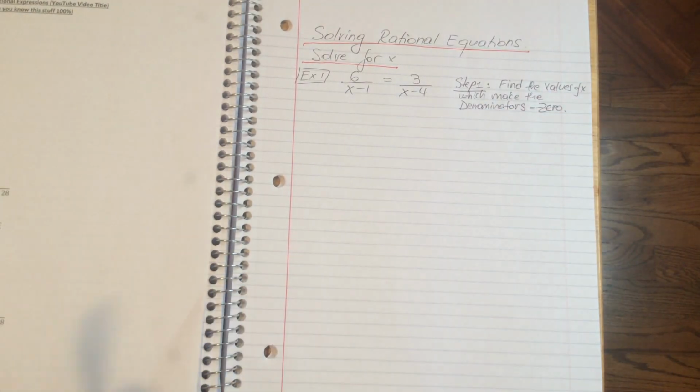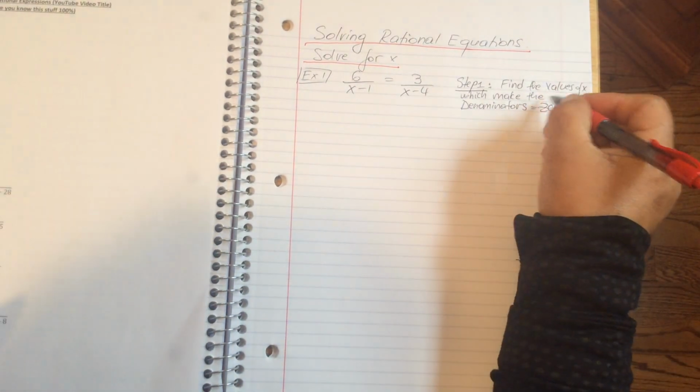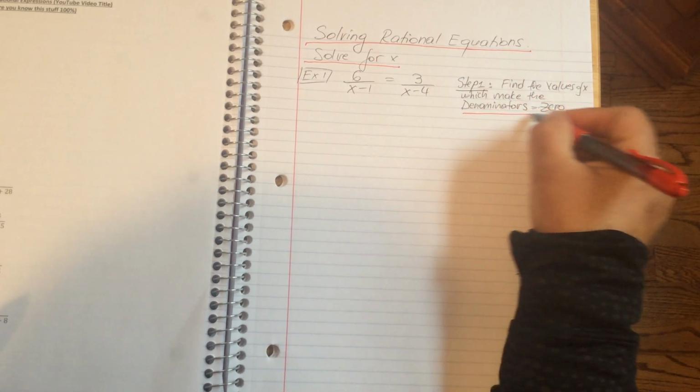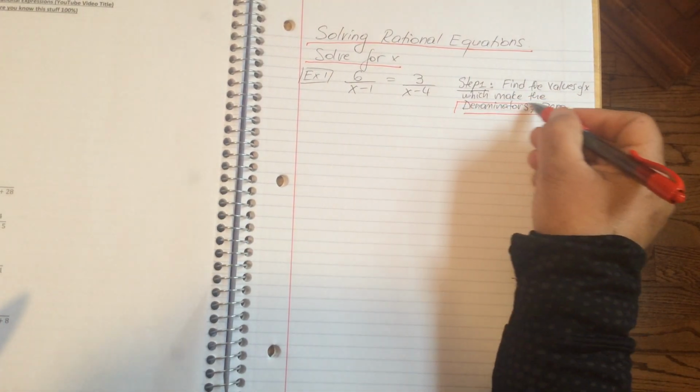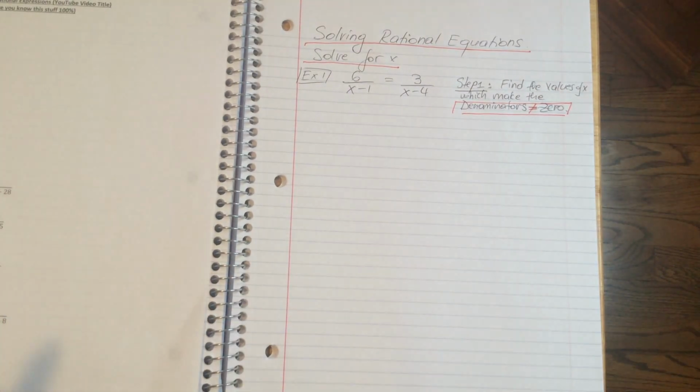Okay? Denominators must be different from 0. This is the first step. For what values of x the denominators are different from 0.